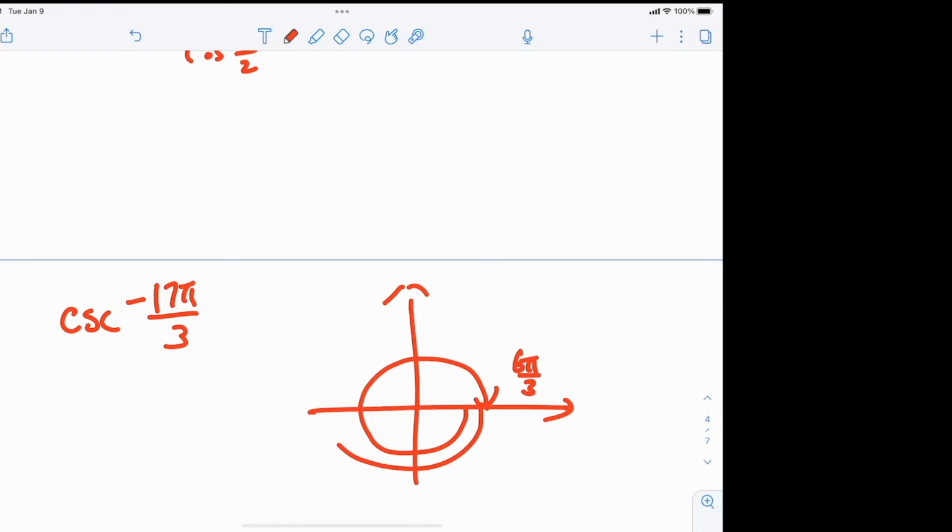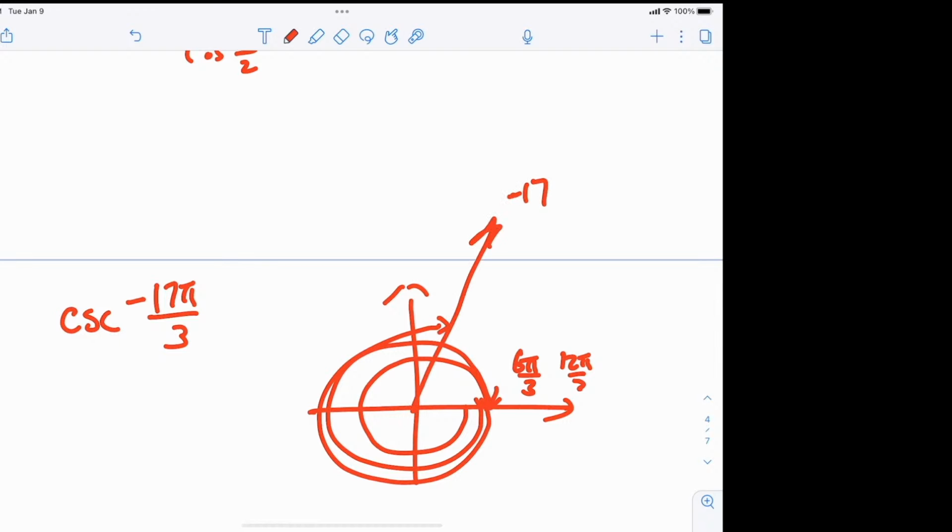Now I'm going to rotate another time, 12 pi over 3. And how do I get to 17? I need to rotate 5 more pi, right? Oh yeah, it's positive. No, you're right. Sorry, Charlotte. So this one is negative 17 pi over 3. That's almost the same thing as pi over 3.